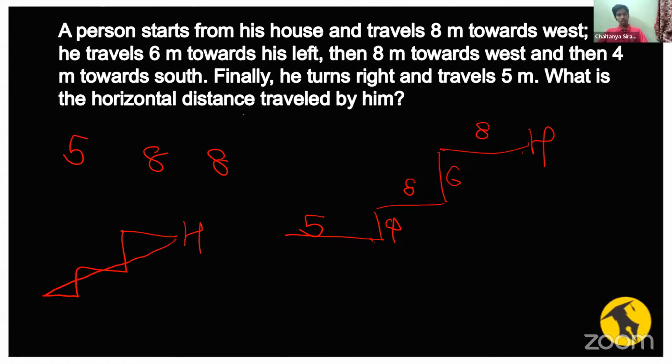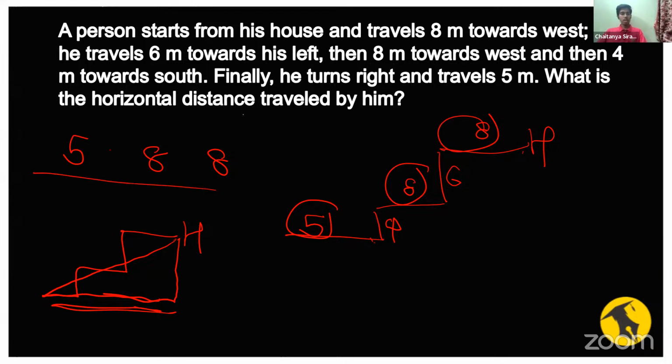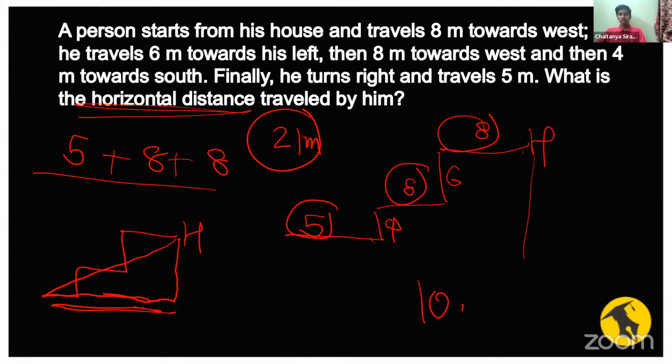So this will be somewhat his direction, and this will be my right angle triangle. So the horizontal distance is nothing but addition of these three values. So it will be what? 8 plus 5, 13 plus 8 will give me 21 as my correct answer. So the distance he traveled was 21 meters, the horizontal distance. In this case, the vertical distance was nothing but 10 meters.